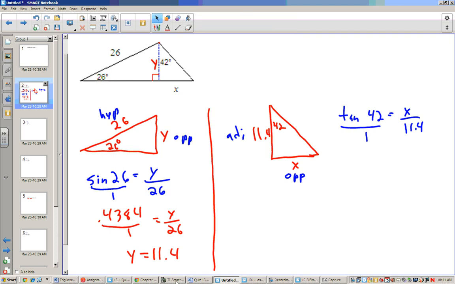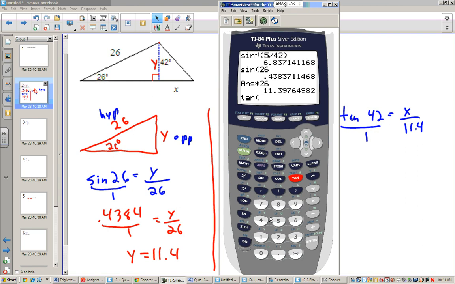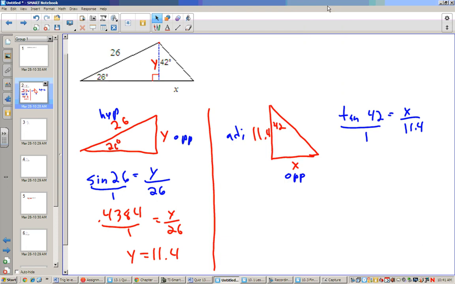So now we go back and we hit tangent of our angle of 42. That's 0.9004. So I have 0.9004 over 1 is equal to x over 11.4.